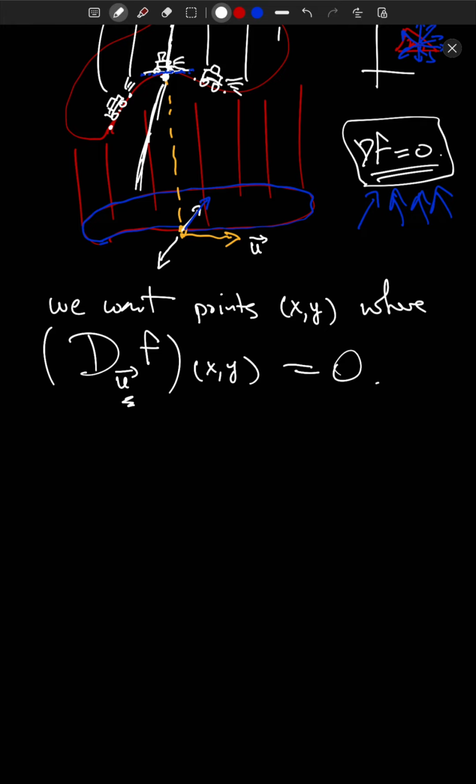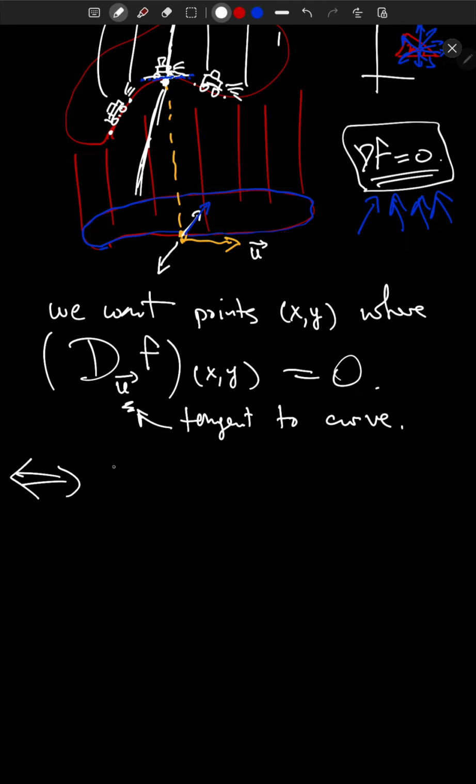So we want points where d sub u f at x comma y equals 0, and u is tangent to the curve, or tangent to the road in terms of my particular example. Let me rewrite this condition. d sub u f at x comma y equals 0 is the same as gradient f dot u equals 0. And again, this is for u tangent to the curve.